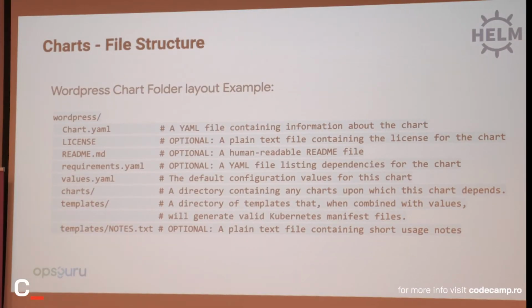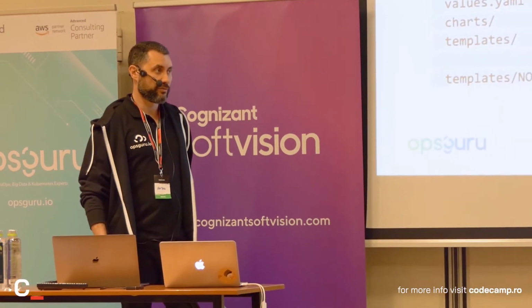And here's how a Helm chart looks. It has a metadata file with information about the Helm chart, version, maintainer, etc. It has a templates directory with all your deployment manifest templates, and it has a values file that is used to compile the deployment manifest.